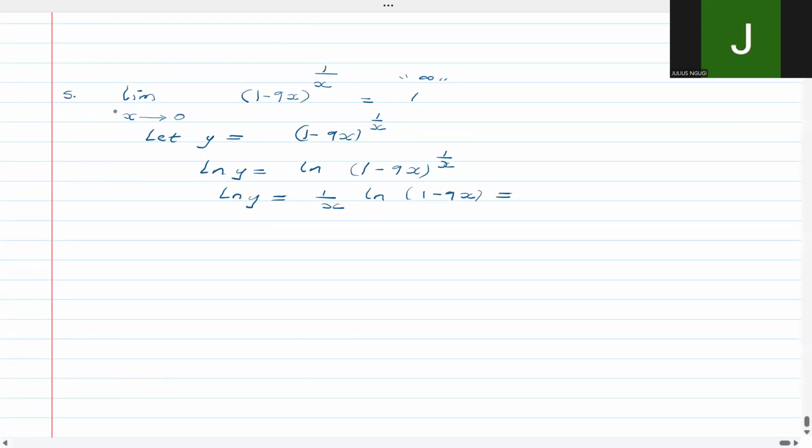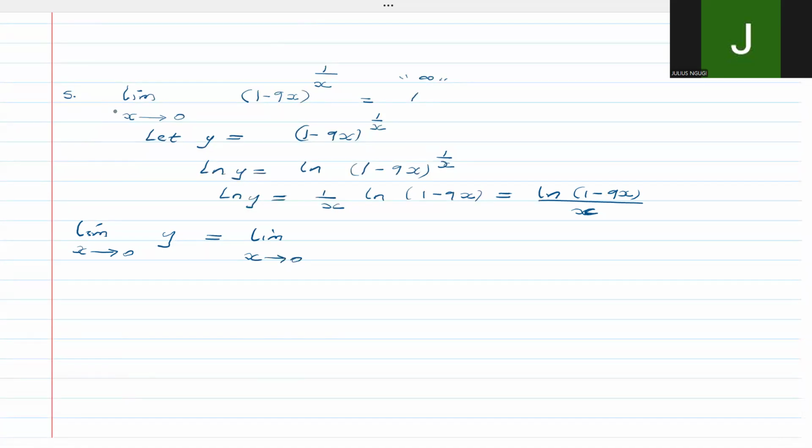So this is the same as natural log of 1 minus 9x divided by x. That is the natural log of y. So finding the limit as x approaches 0 of y, because y is 1 minus 9x to the power of 1 over x, it's the same as the limit as x approaches 0.